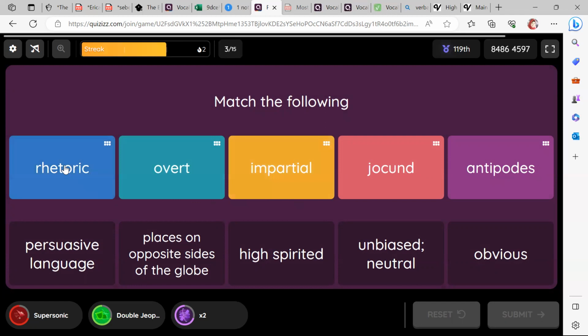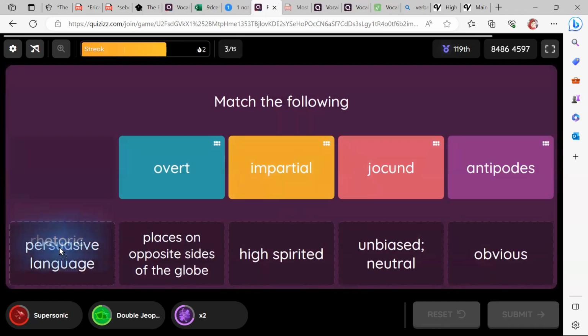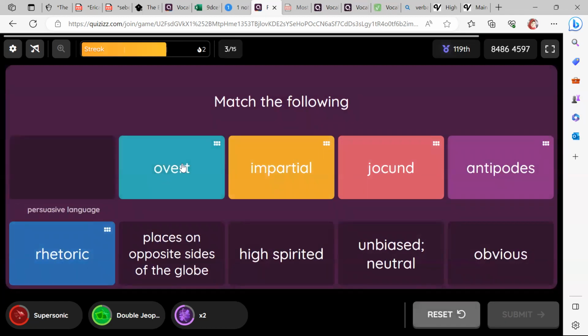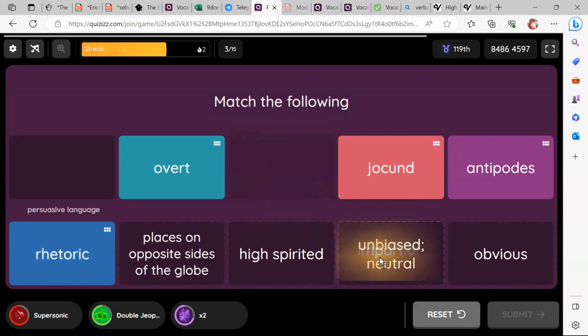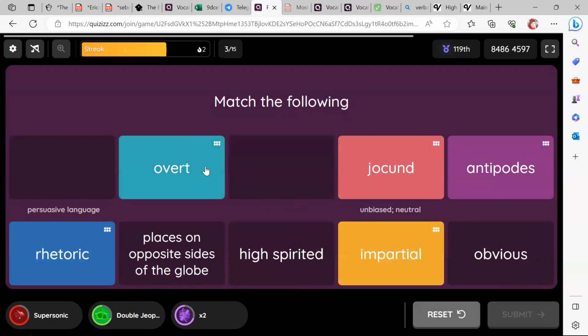And so on. Here, rhetoric has to do with persuasive, impartial. You see the word that appeared in the first SAT test. Impartial, we got to know that it's unbiased. And if I'm not sure about the rest of the answers, I'm gonna try, but if I make a mistake, it's not the end of the world, no problem.